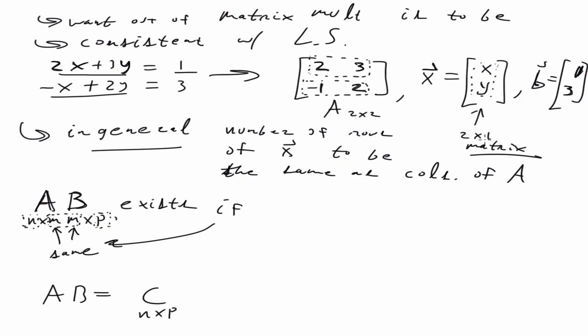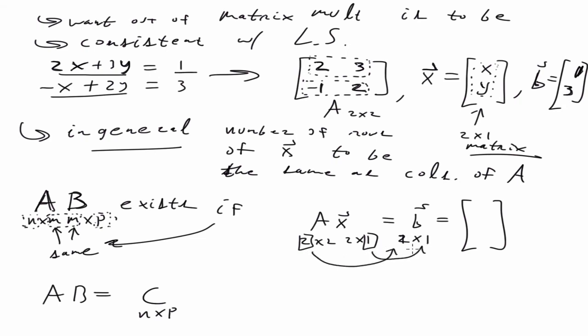This is a 2 by 1 matrix, so A times x, 2 by 2, and x is going to be 2 by 1. We see the result then, we'll have on the other side what B is. That's going to be a 2 by 1. 2 by 1, because we bring those together like that.